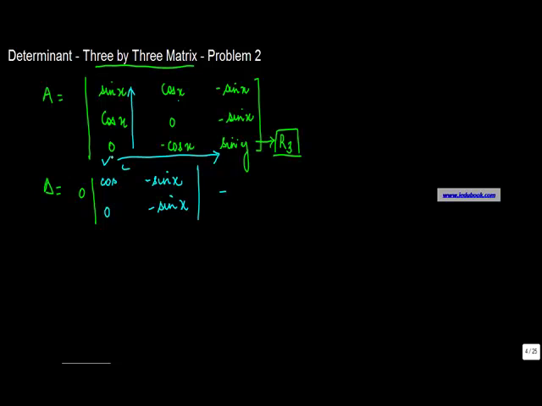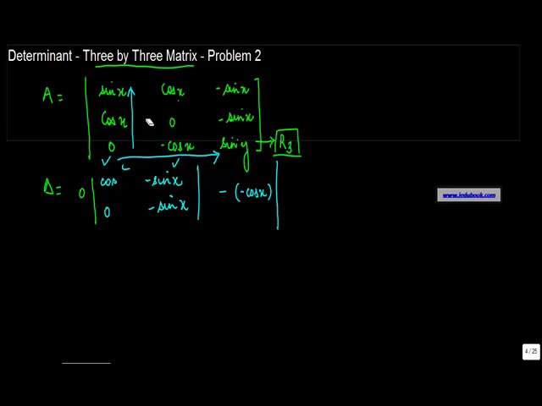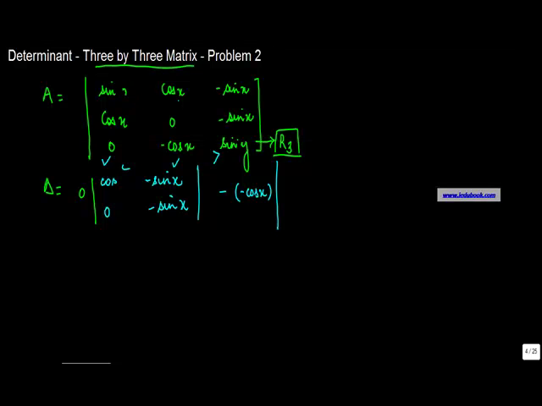First we took 0, now we need to take minus cos x. So once we take this minus cos x, there are two things that we need to ignore, right? And what are these? The row in which it lies. So because we are taking cos x, we ignore this particular row and we ignore this particular column. So what are we left with?